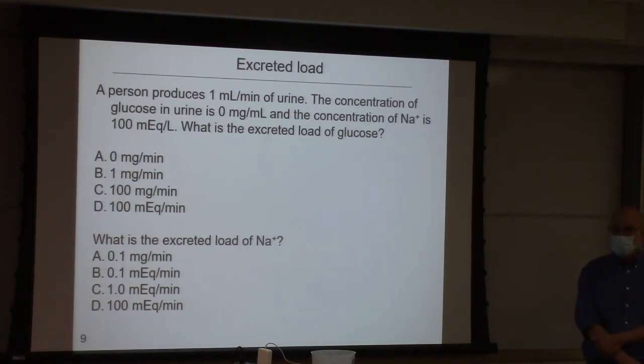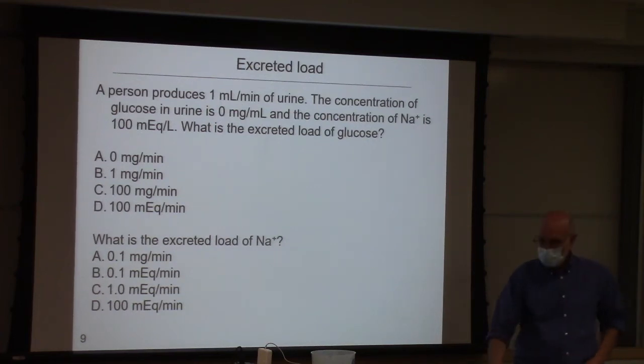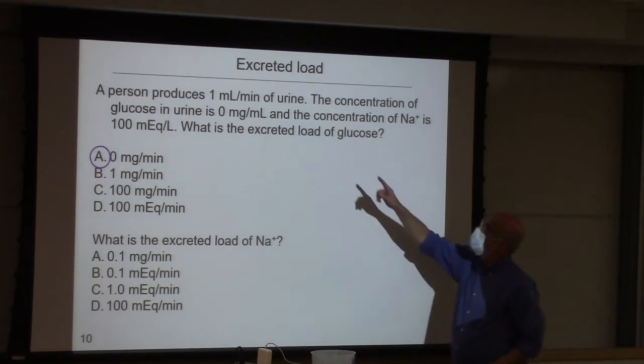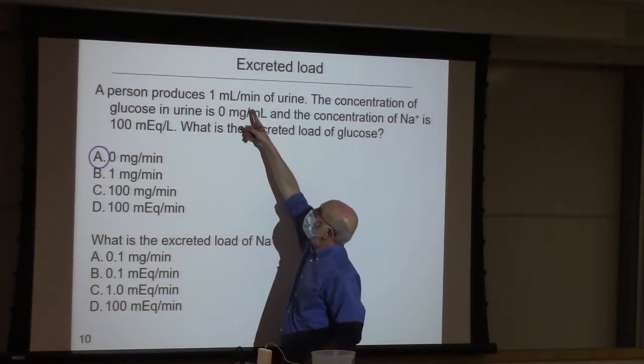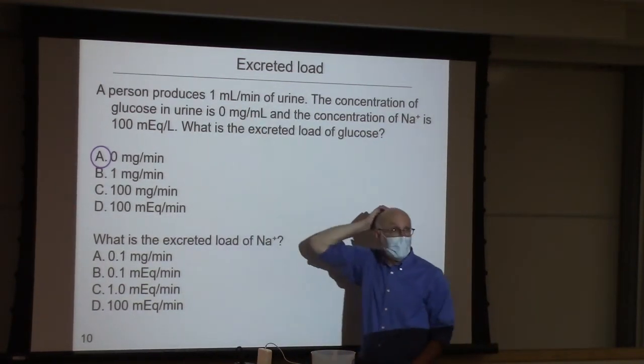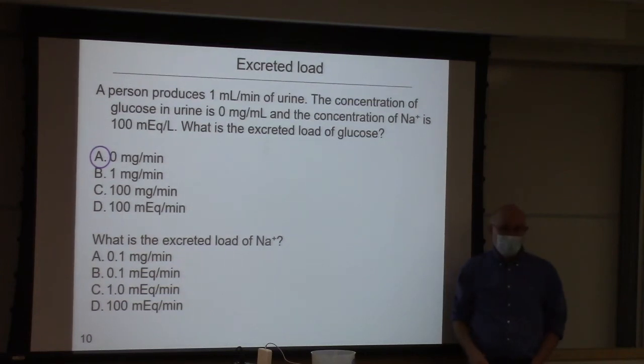Show me your answers. The excreted load of glucose is 0. 0 mgs per mil times 1 mil per minute is 0 mgs per minute.